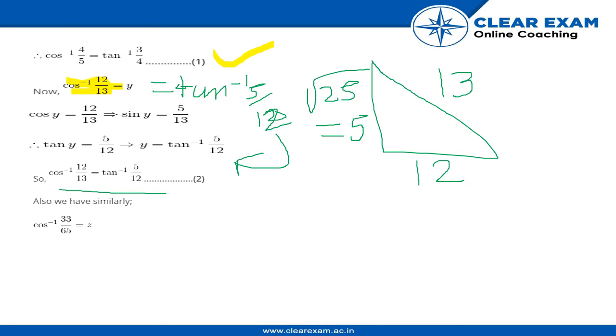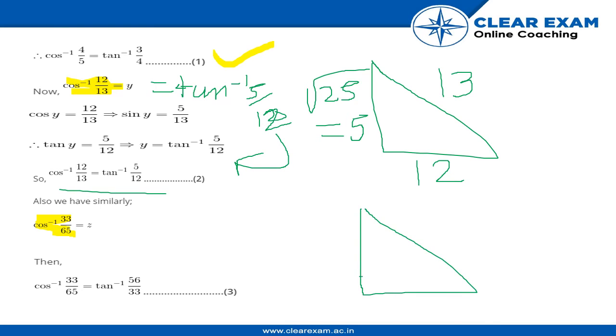Let's take the next and last term on the right hand side, cos inverse of 33 by 65. We have to convert it into tan inverse, so we again draw a right angle triangle. Don't forget this is the right angle.